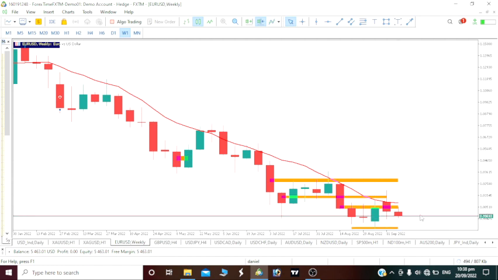So we still have about 100 pips to drop to our lower lows for this 2022, the lowest point price has gotten to on this 2022. We still have about 100 pips more movement to drop to it.